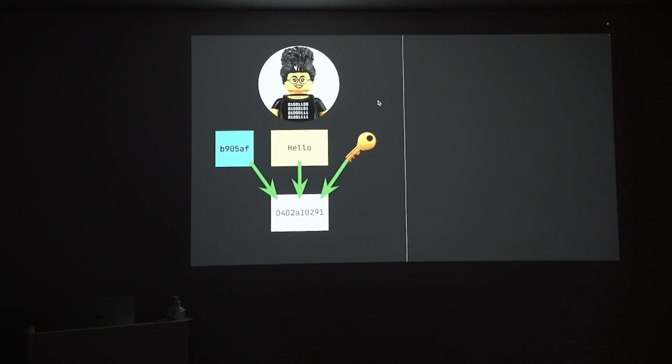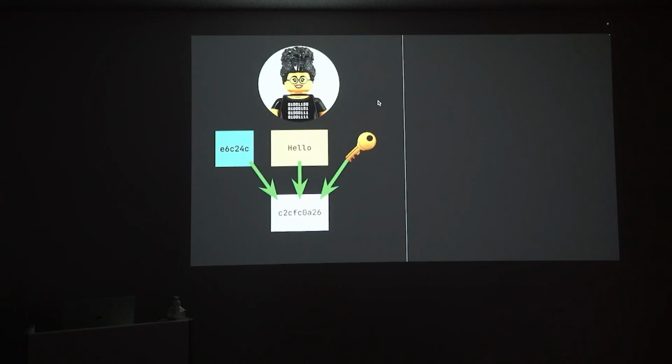So it means that even if every morning Alice sends Bob the same message, hello, using the same key, she will use a different IV every time. And the encryption function is deterministic: given the same input, it will always return the same output. Now, because the input is different every time, it will return a different output every time. So even given the same message, the output will be different.